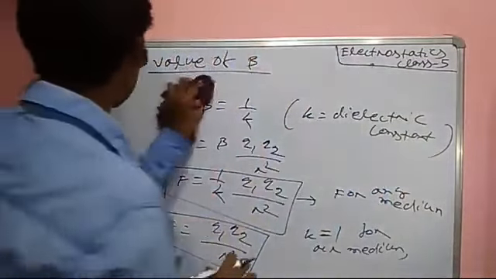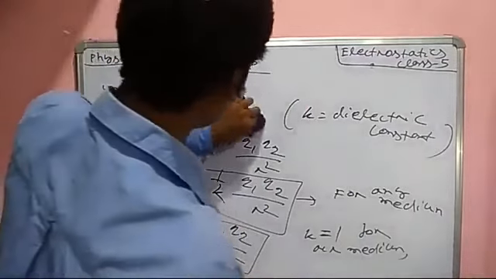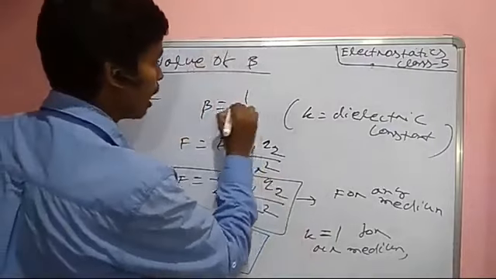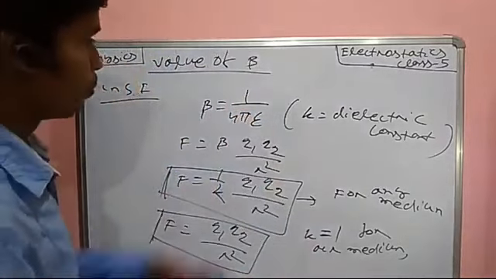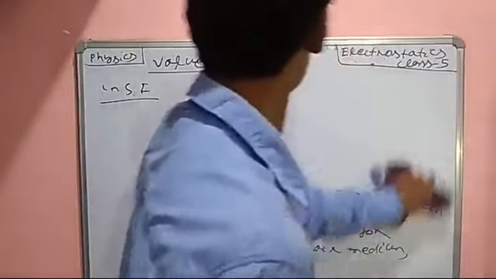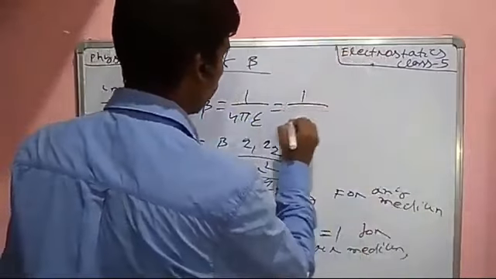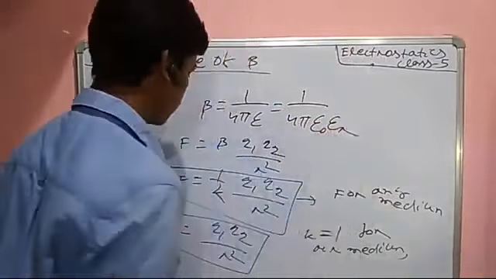In SI, what is it? In SI, beta is equal to 1 by 4 pi epsilon, which is equal to 1 by 4 pi epsilon 0 epsilon r.